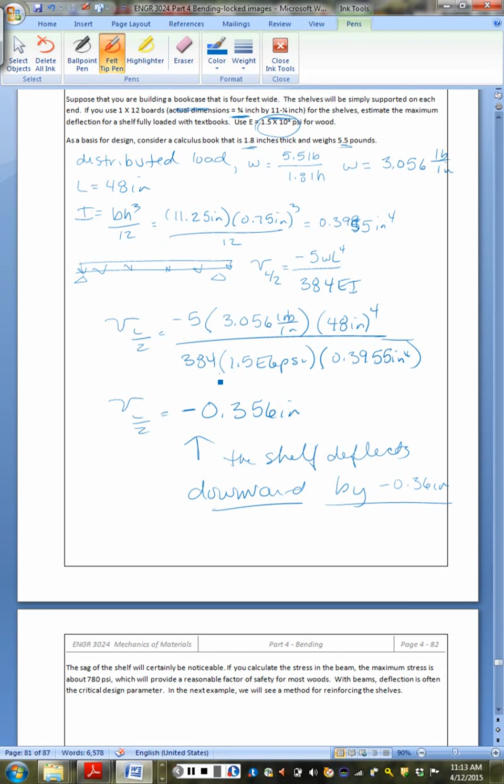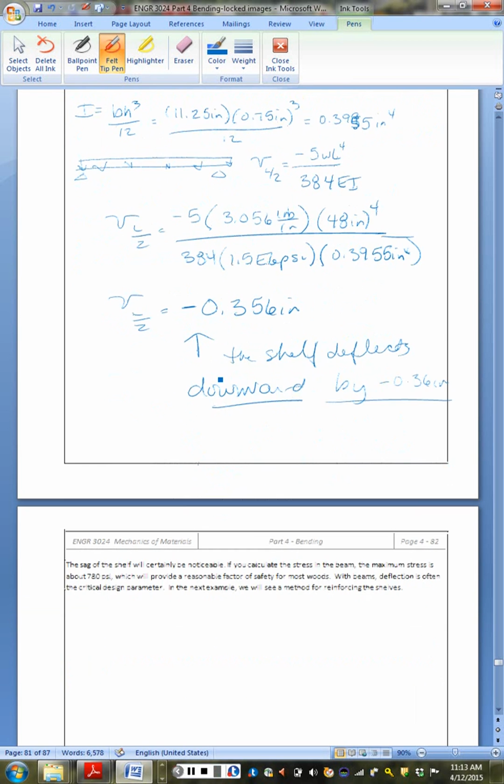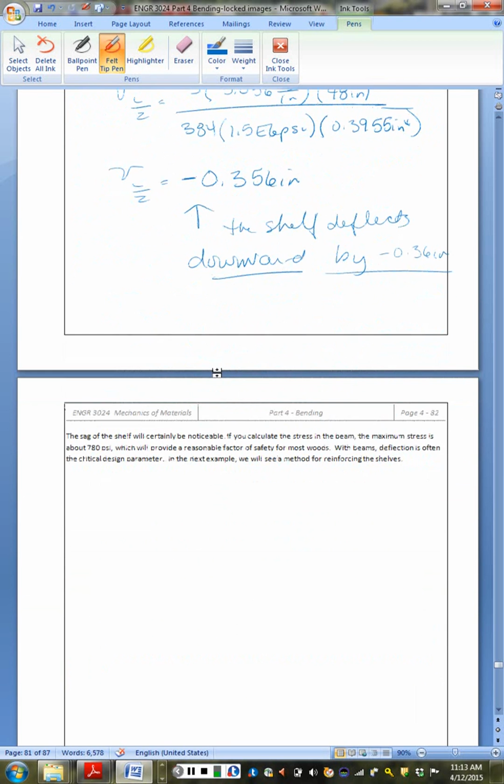Now, the next segment of this ends up discussing how we can use a composite beam to reinforce the structure, because that 1/3 of an inch, or 0.36 inch, you would definitely see that.